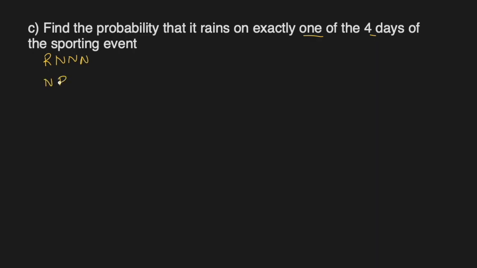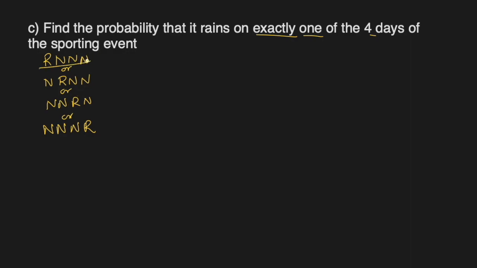No rain on the first day, raining on the second day, because they're saying exactly one day. So all the situations will be different. These are the 4 options. We will write their probabilities one by one, and it will happen either this or this or this, right? All 4 cannot happen together, any 2 cannot happen together.